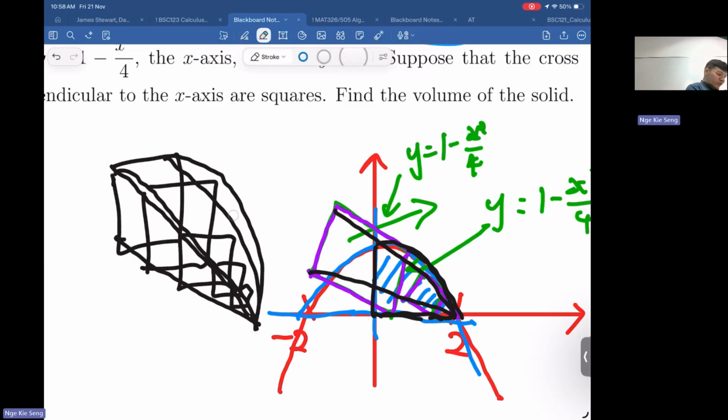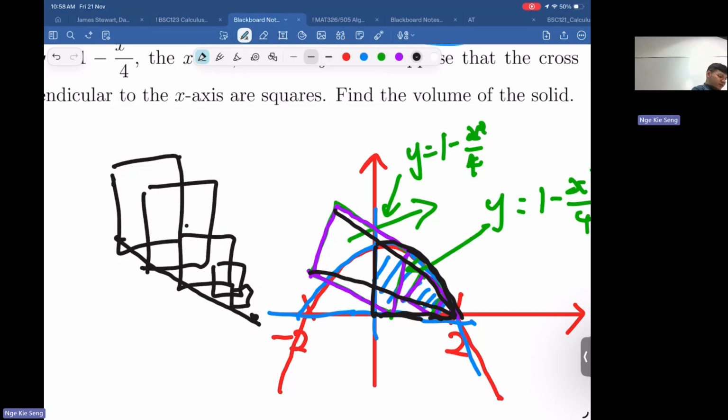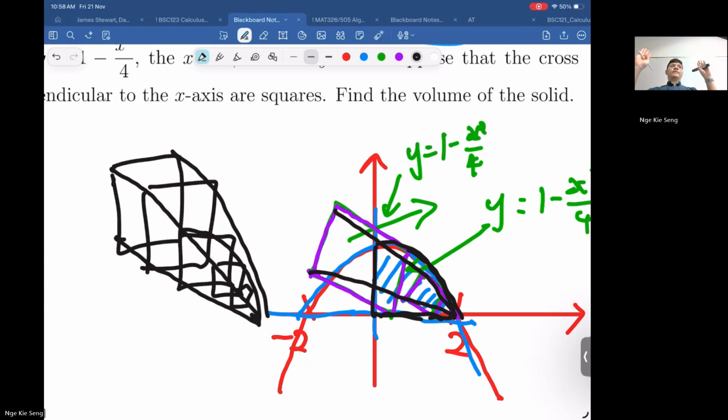So first, did you get the square yet? Okay, you get the square, right? So for every height of your y, you get a square, and then you join these squares together. You put more squares into your picture. Anything to share here?